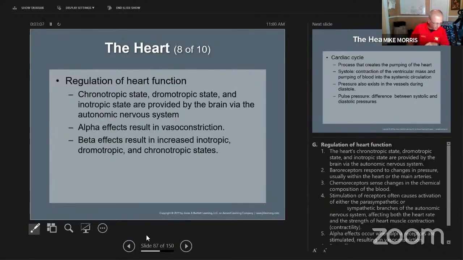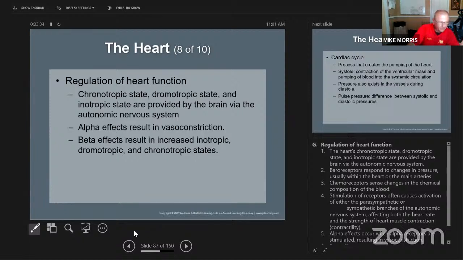And when we talk about the dromotropic state, that's going to be the actual control of the rate of the electrical conduction. And chronotropic is the control of the rate of the contraction, right?